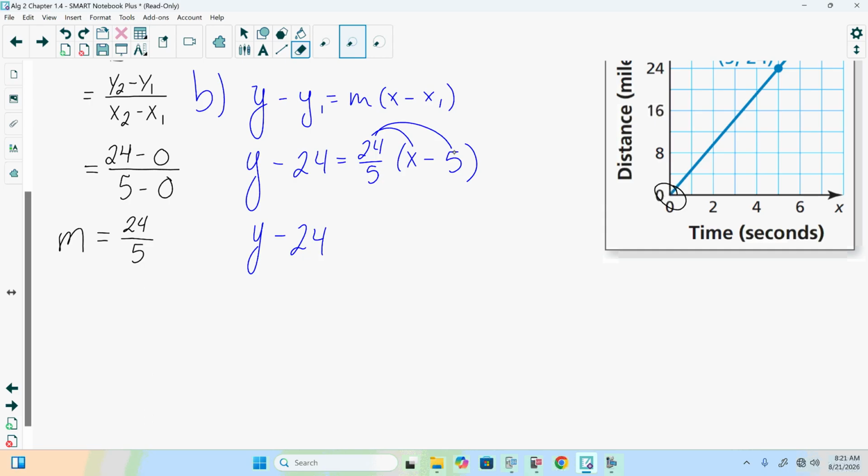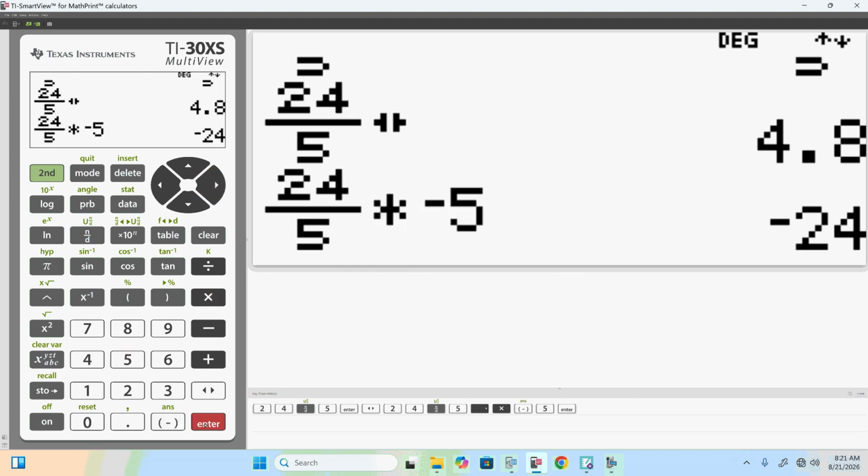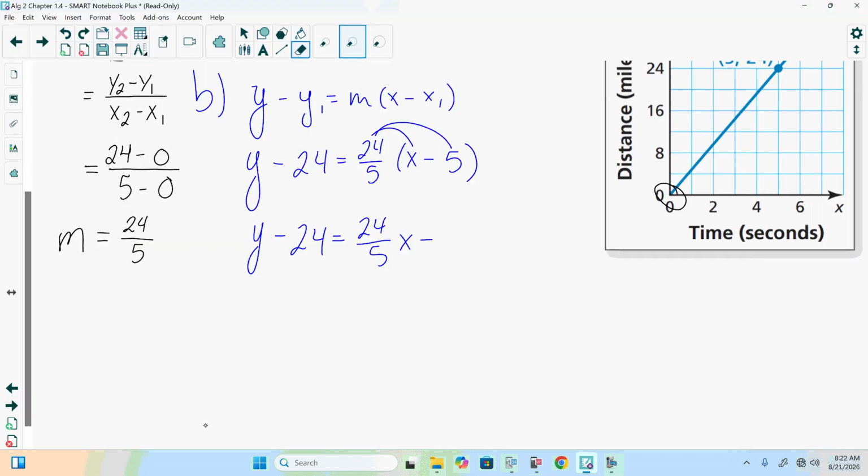You don't have to write this down. We'd multiply by 24/5. 24/5 times x is going to be 24/5 x. 24/5 times -5 is -24. Got to get y by itself.